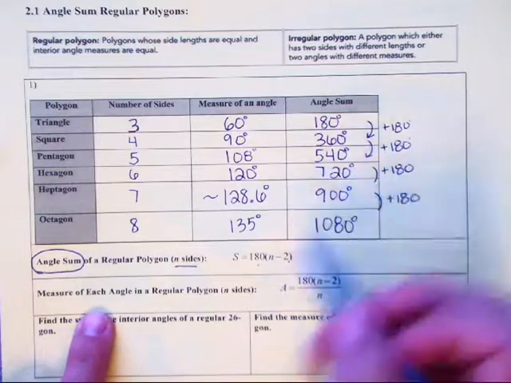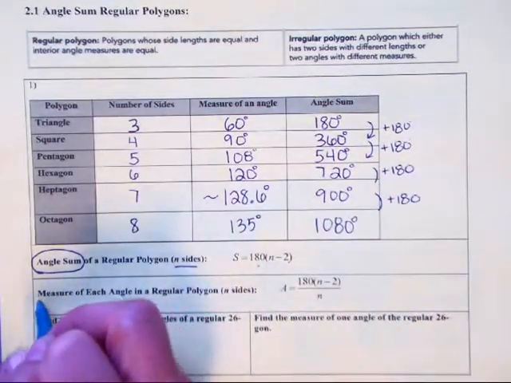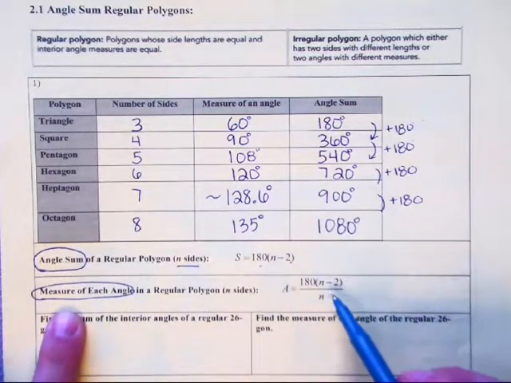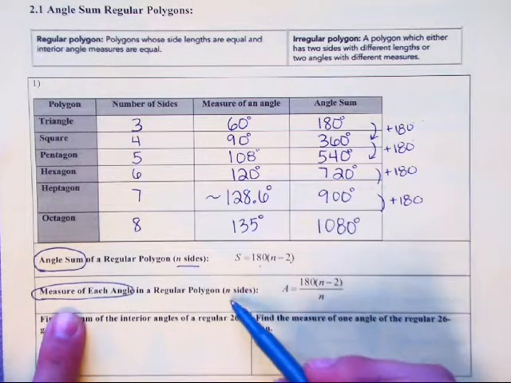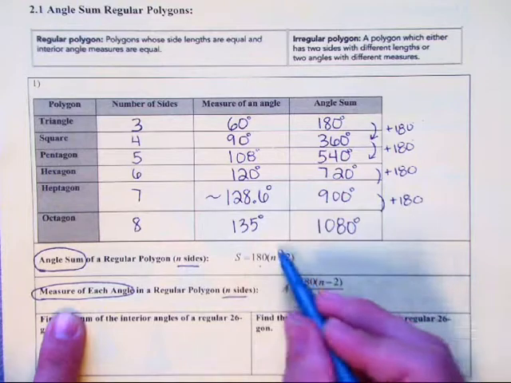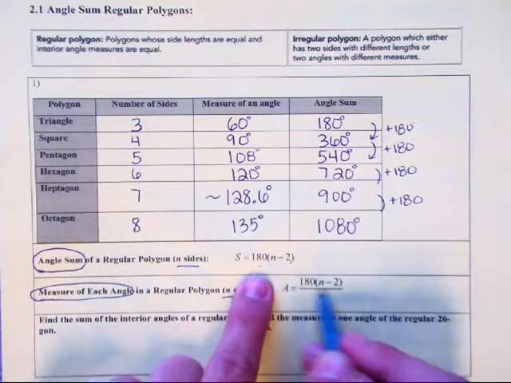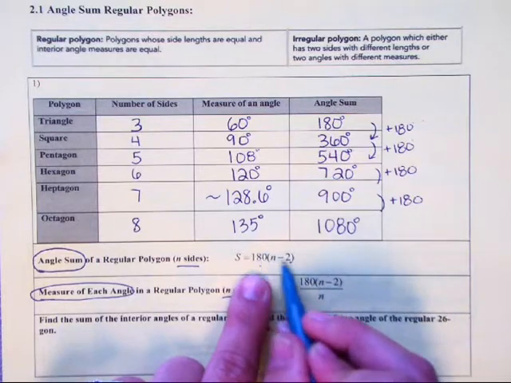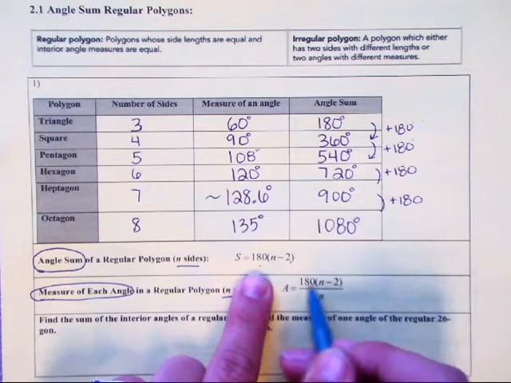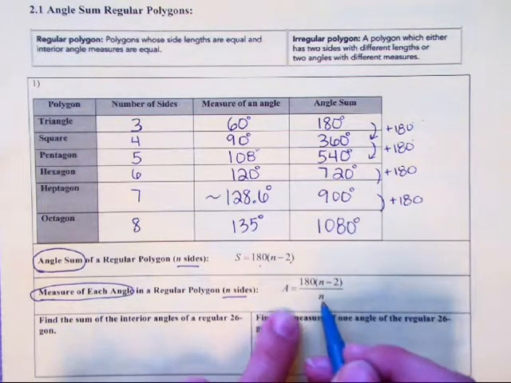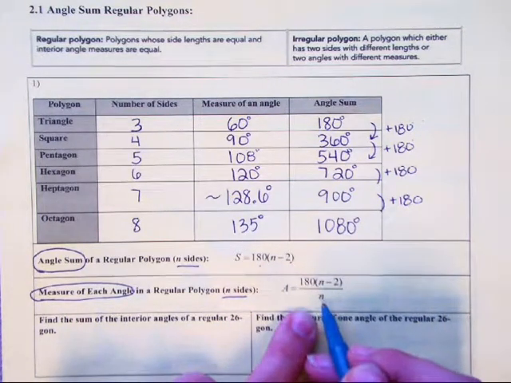All right, then if I want to find the measure of each angle, so each and every angle, notice this formula still has n for the number of sides. It looks very similar to this. So A is for the angle. Notice the top part of this fraction is the same as this. So it wants you to first figure out the sum of all the angles, which is what we did up here, and then divide it by n, which is your number of sides.